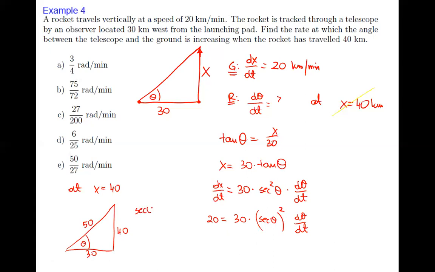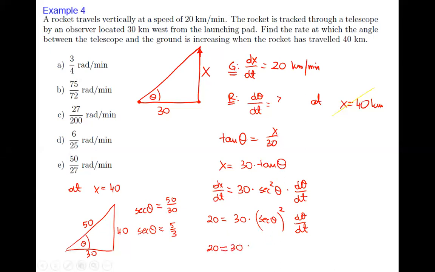That means secant theta at the moment that x is 40. Secant is the reciprocal of cosine. That means secant theta is 50 over 30. Secant theta is 5 over 3.